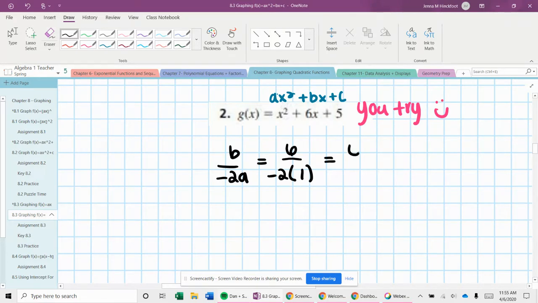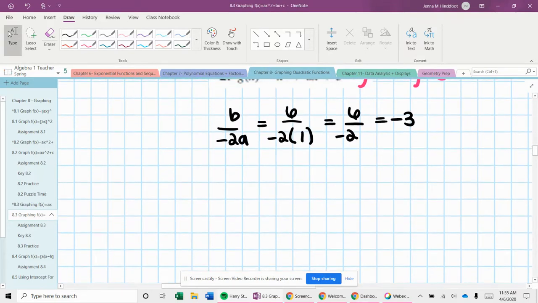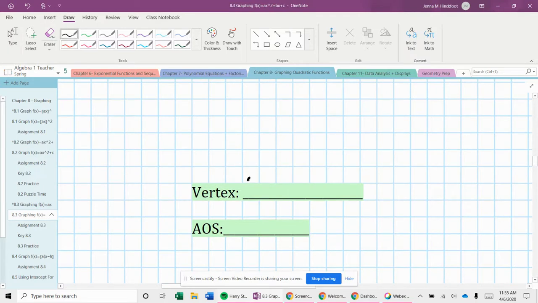So that's 6 over negative 2 times 1, which is negative 2. 6 divided by negative 2 is negative 3. So that gives you 2 answers. That gives you your x of your vertex, and then that also gives you your axis of symmetry. Remember, it's not just negative 3, it's x equals negative 3.